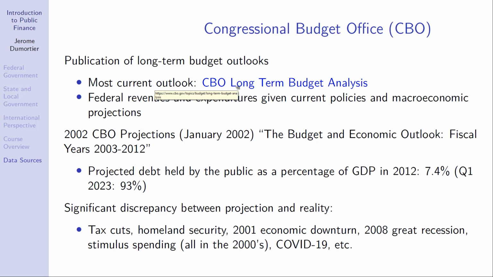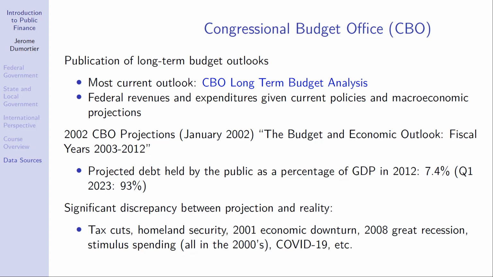Basically what the CBO is doing, it is looking at the federal revenue and expenditures given current policies and macroeconomic projections. There can also be significant discrepancies between the projections. For example, in the 2002 CBO projection, it said that the projected debt held by the public was projected to be 7.4%.